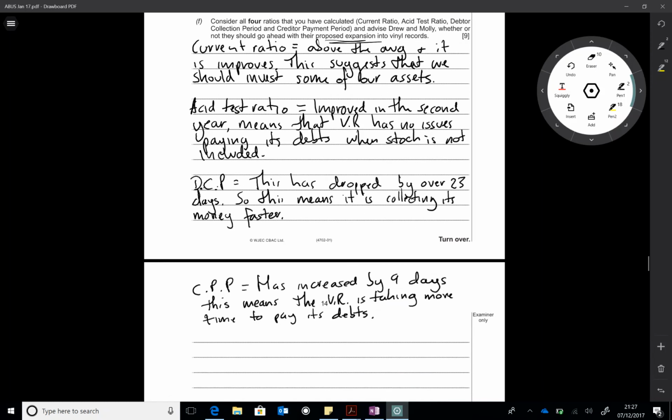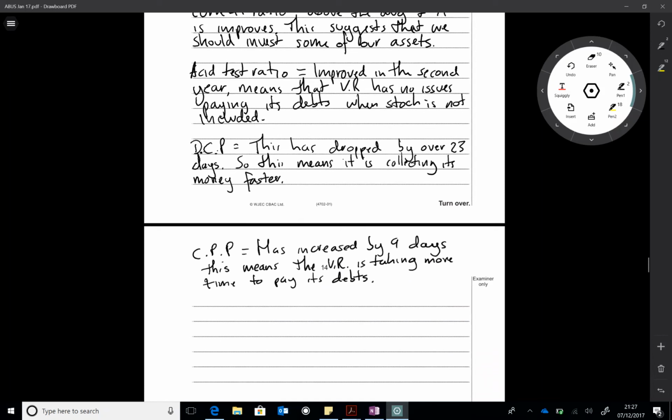So therefore, the final mark comes from your suggestion. So I think that, and again, this example is showing pretty good, that Vinyl Revival should go ahead with its expansion.